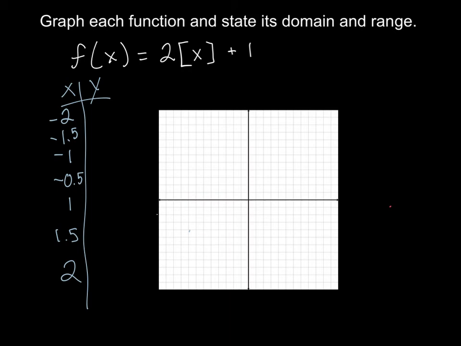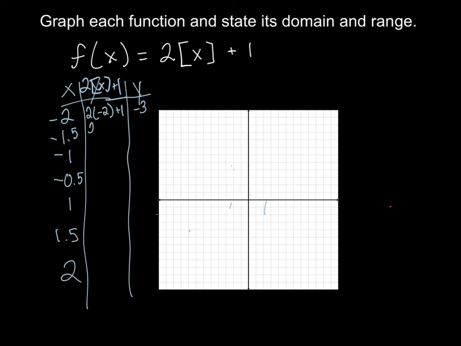So if x is -2, we can leave that as a -2. So let's actually do it this way. So you would have 2 times -2 plus 1, which would be -3. If x is -1.5, we have to go to the integer that is less than or equal to.